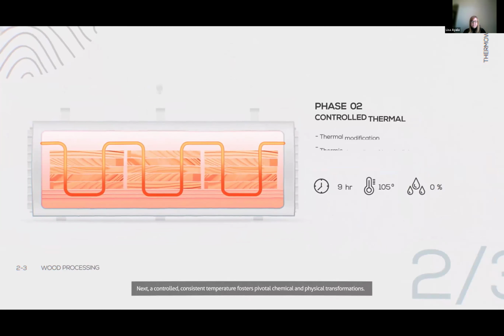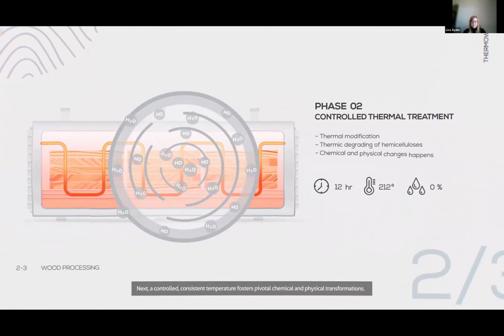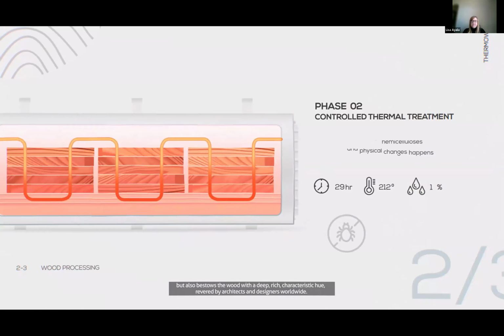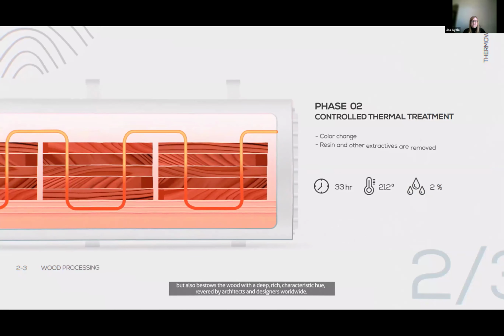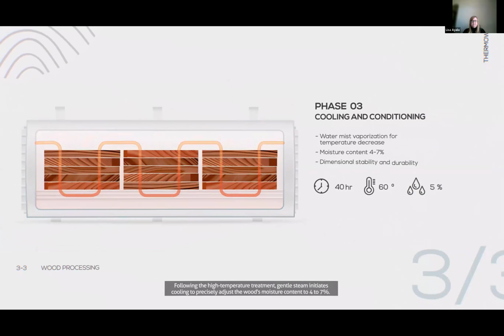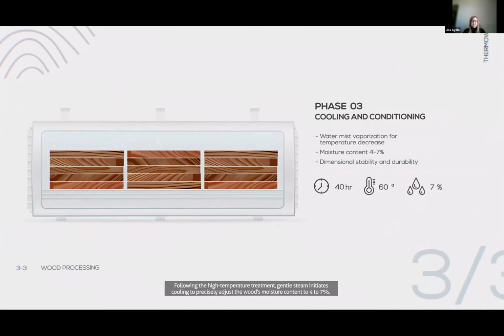Next, a controlled, consistent temperature fosters pivotal chemical and physical transformations. This authentic method not only eliminates substances that make the materials attractive to fungi and insects, but also bestows the wood with a deep, rich, characteristic hue, revered by architects and designers worldwide. Following the high temperature treatment, gentle steam initiates cooling to precisely adjust the wood's moisture content to 4 to 7%.